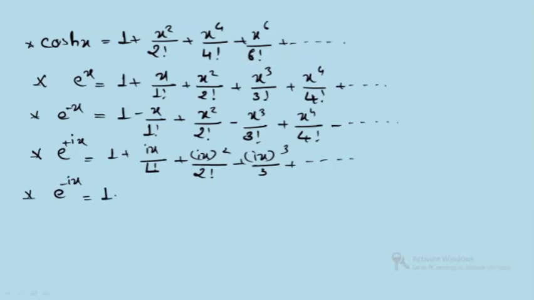So it is 1, here it will be minus because it is minus ix, so minus ix by factorial 1. Again you will have plus, it is minus ix whole square divided by factorial 2. Again you will have minus ix whole cube by factorial 3 plus and so on. It will be continued. So these are very important expansions which we will be using while solving problems.